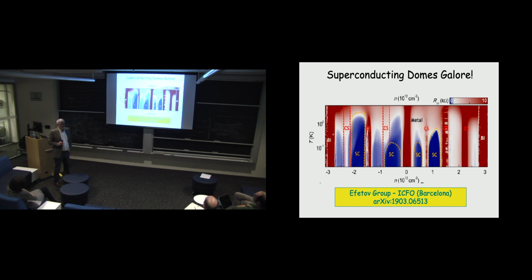This subject was given a huge boost by experiments from Pablo Jarillo-Herrero, whom you've heard from recently. What I'm showing here are some more recent experiments from the group of Dmitri Efetov at ICFO in Barcelona.